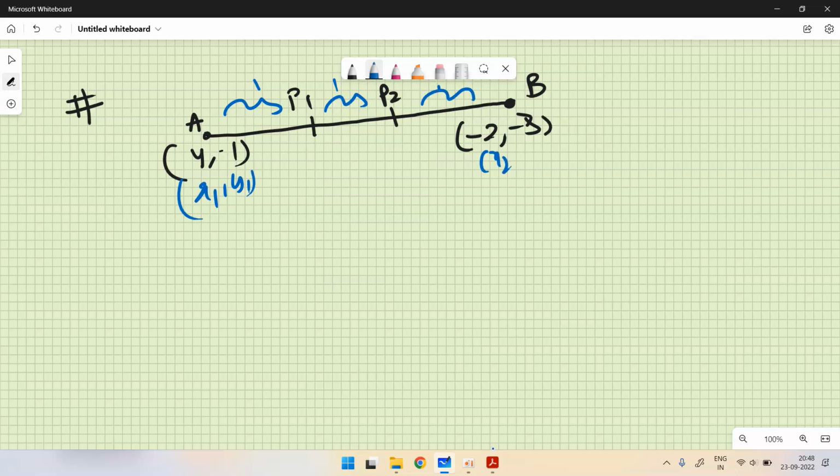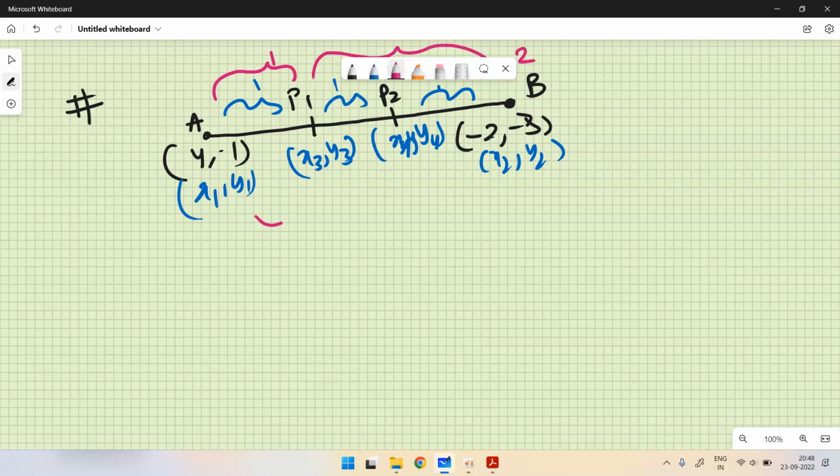This is my X2, Y2. And let me say this is X3, Y3. This is X4, Y4. And what is this dividing it into? This is 1 is to 2, and this is 2 is to 1.